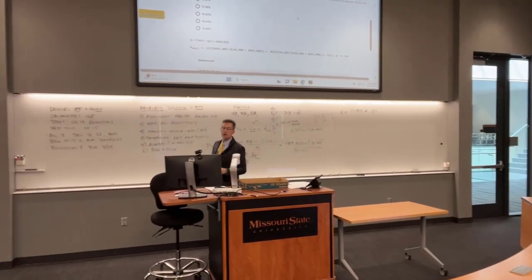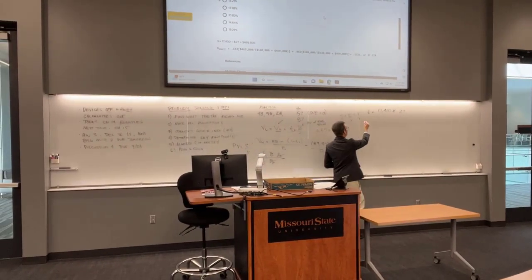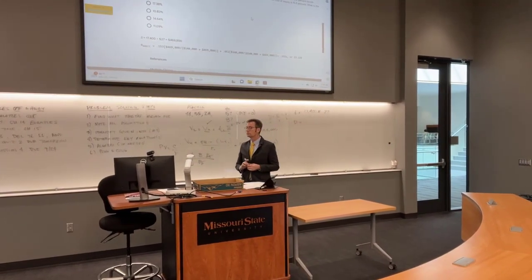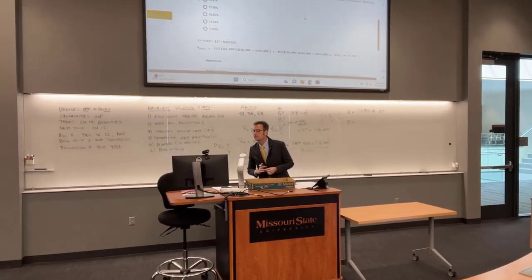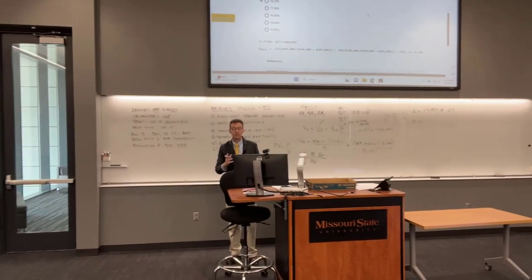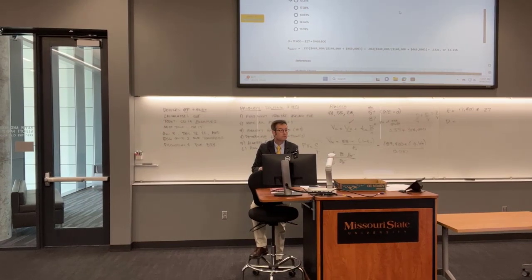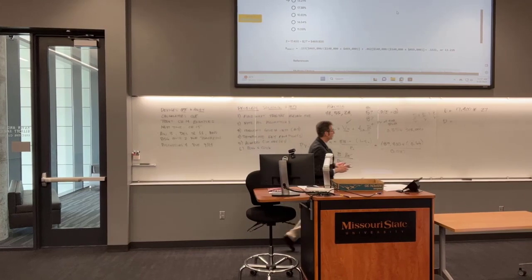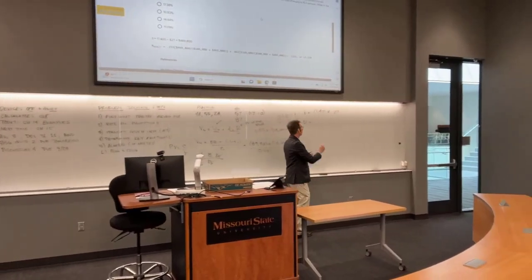Okay. Now, how do we figure out the market value of the debt? They could have told us that there were 140 bonds outstanding selling at par. 140,000 and they're selling at par. So that's actually the market value of the debt.